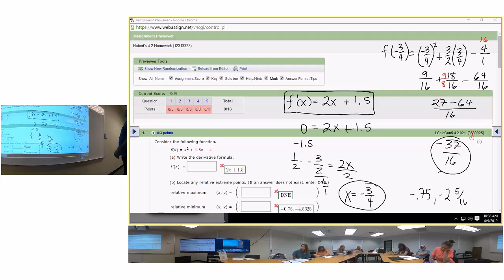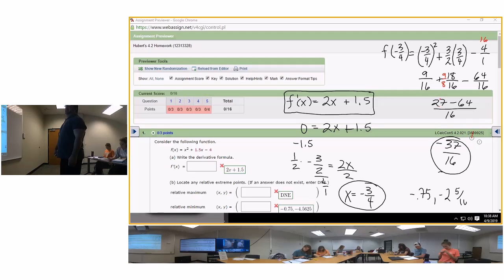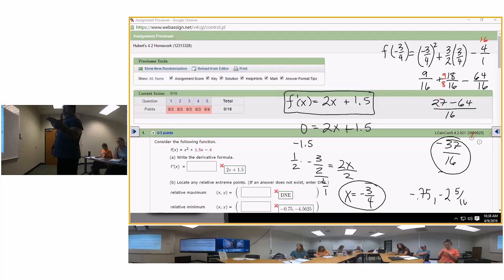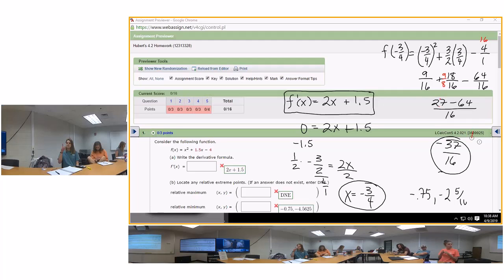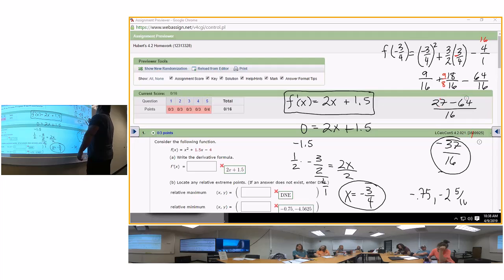I don't understand. I don't know what I've gotten wrong. And you said you plugged in negative 0.75 and you got 4.56? Is it because you multiplied 3 over 2 times positive 3 over 4, or would that not make a difference? Thank you. I suck.